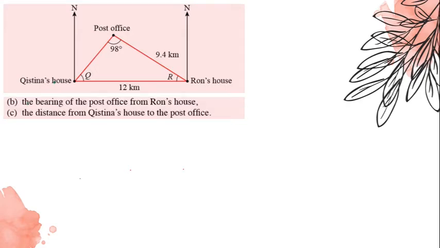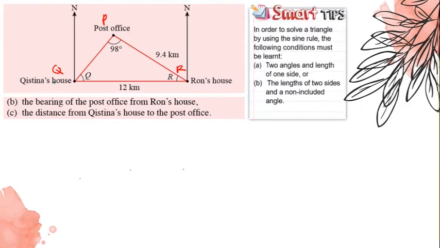Now let's move to the same question. Question B asks for the bearing of the post office from Ron House, and question C asks for the distance from Christina House to the post office. Just now we already labeled the post office as P, Christina House as Q, and Ron House as R. If you want to solve a triangle using the sine rule, the following conditions must be met.